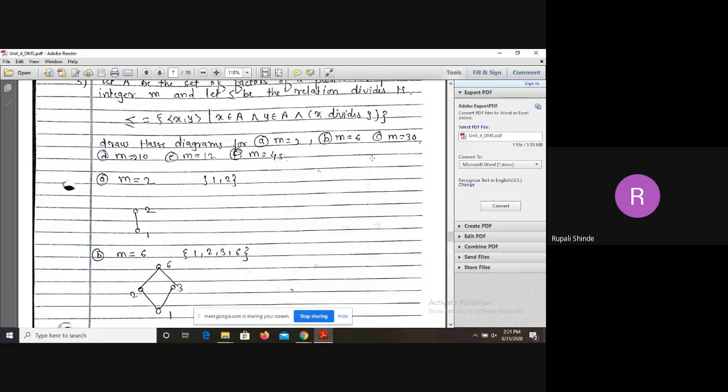How can it be 12? Does 12 divide 30? No. So after 10, 15 will come and then 30.